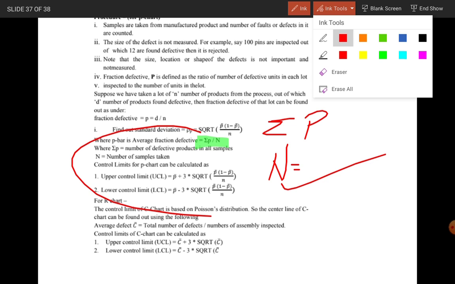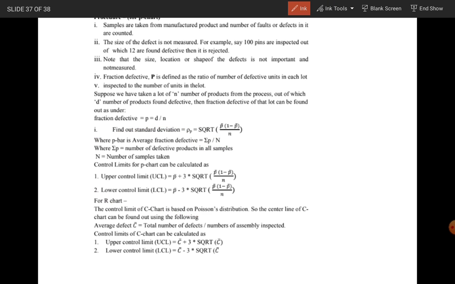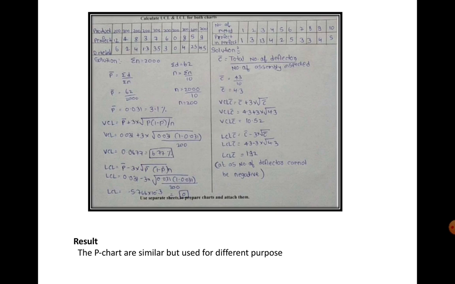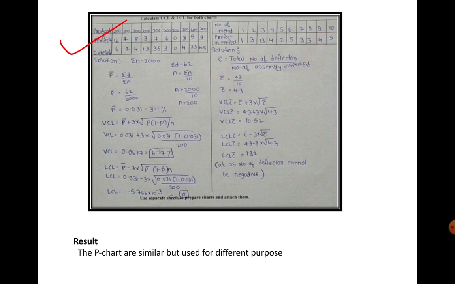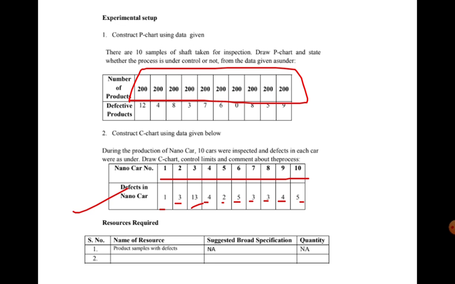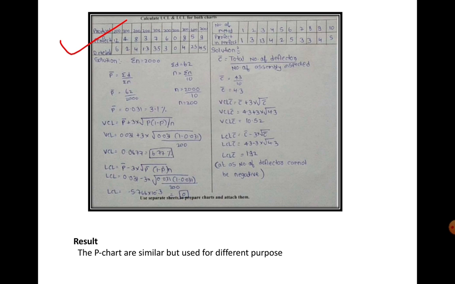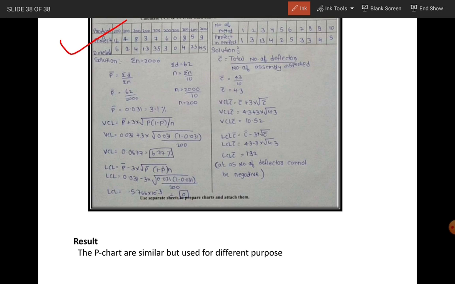Now in this part we are going to check the two parts for the p and the c charts. This is the part of the table which we have seen in the given sample. The p chart table is on the left side, and on the right side is the c chart. These are the values.